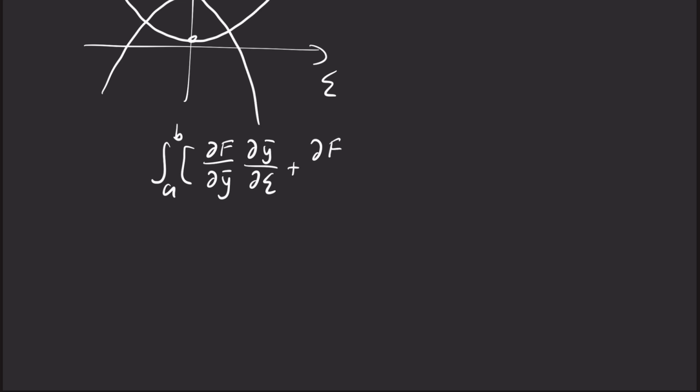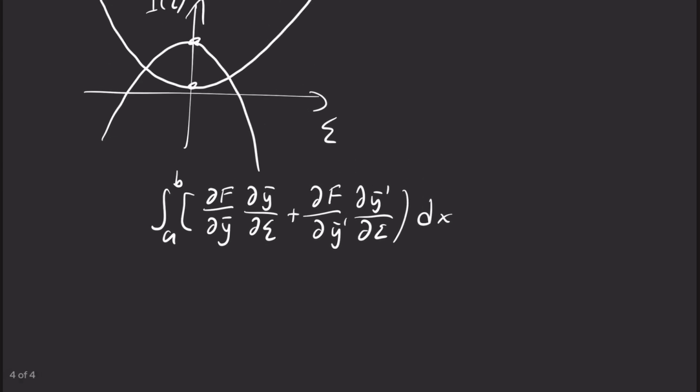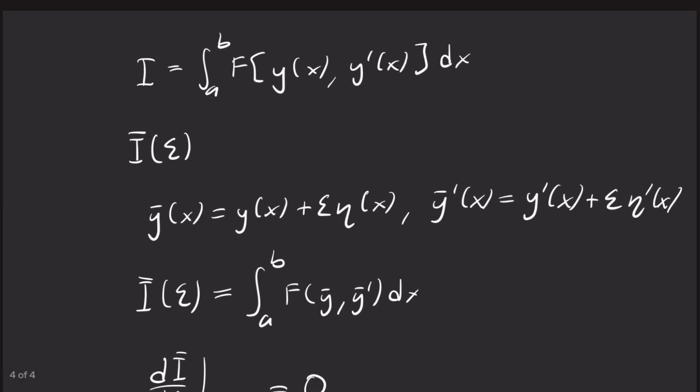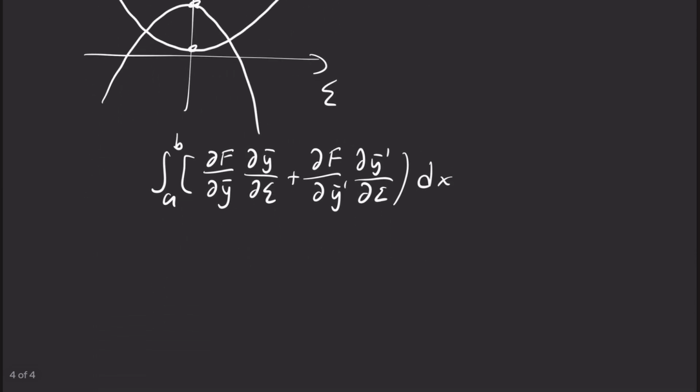And then to that I'll add the other derivative, partial f partial y bar prime, partial y bar prime partial epsilon, and then my dx. Now if we just look over here, we can read off what that derivative will be. So this will just be eta, and this will be eta prime.